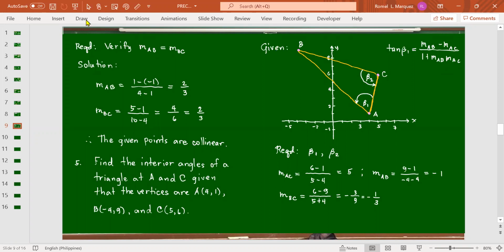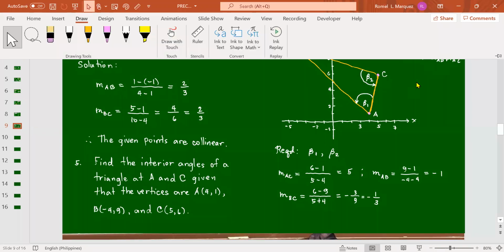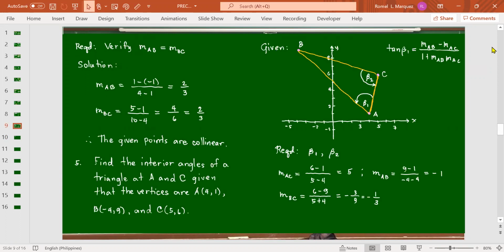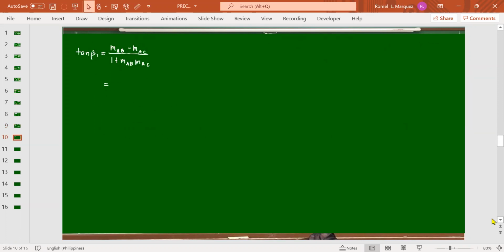Okay, children? Guys, let's finish this one only. So getting what? What is m of AB? Negative 1. m of AC?